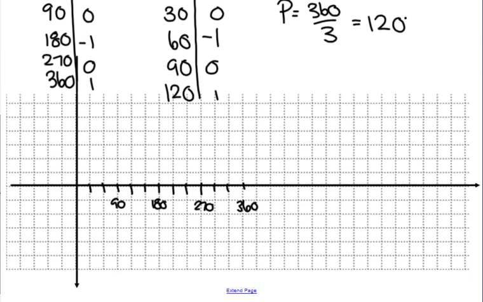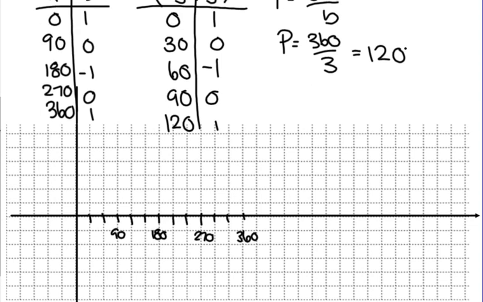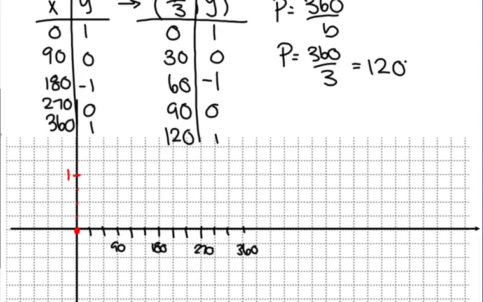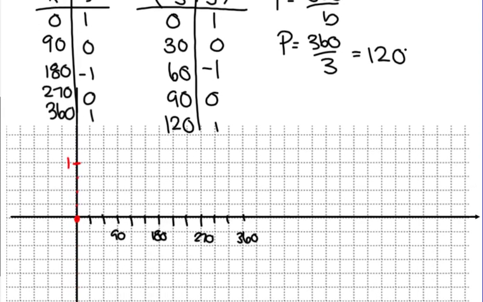So if we graphed our original, I'm going to graph our cos of x function, and I'm going to do this just because I want to stretch it out a bit more. There's our 1.